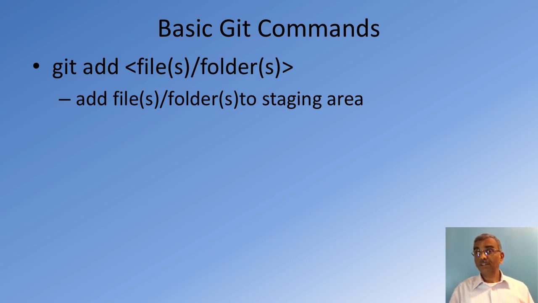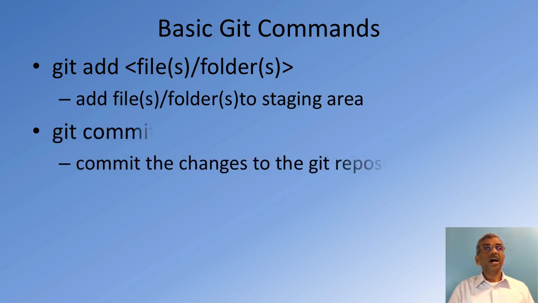Once you add it to the staging area, then you can commit that snapshot of our folder status to our Git repository. So when you do the git commit, what this command will do is commit the current state of our folders into our Git repository.